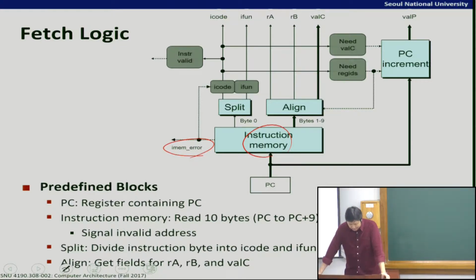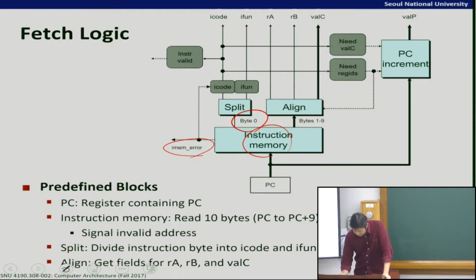And this split box is actually dividing the instruction byte into ICode and IFUN. If you read byte 0, that is the opcode, and we divide this opcode into two 4-bit pieces.